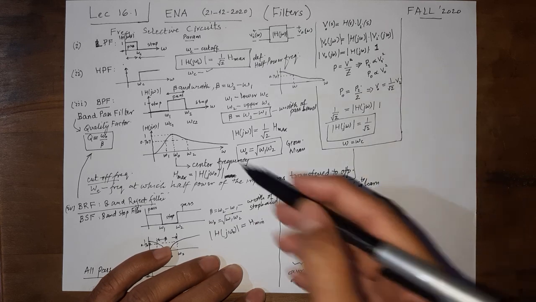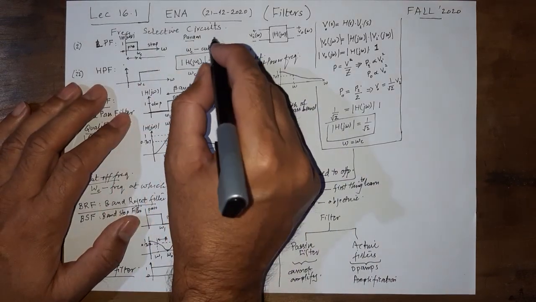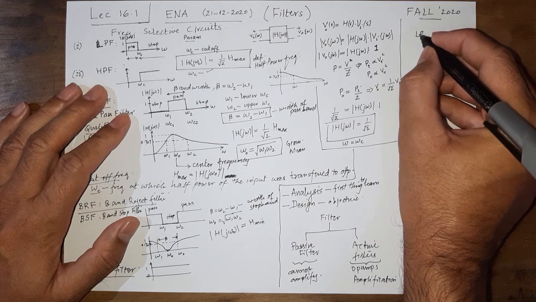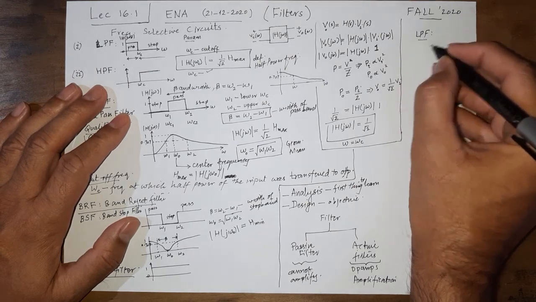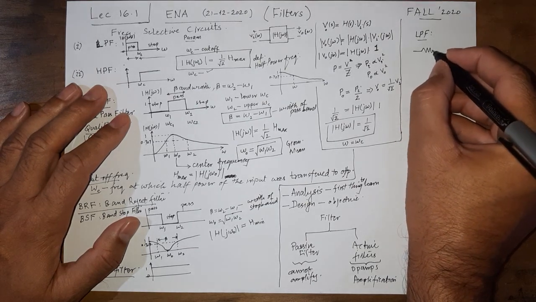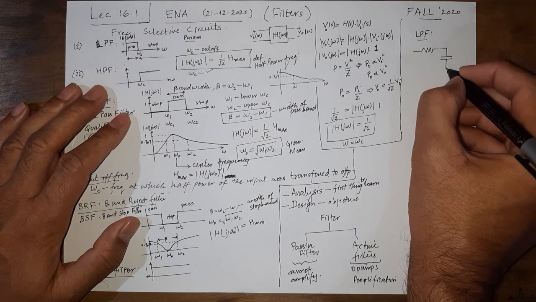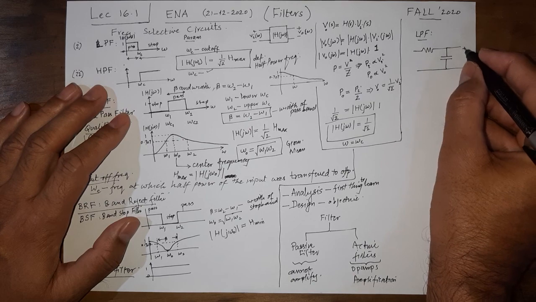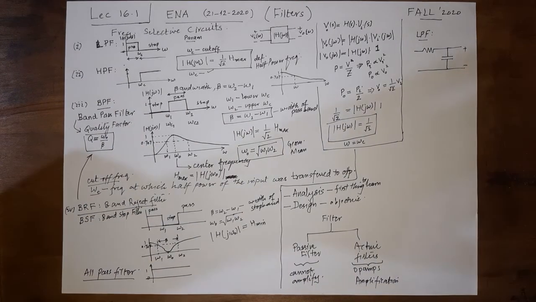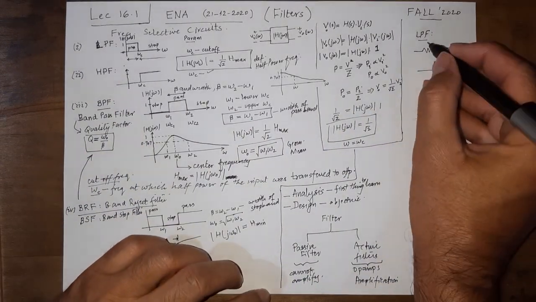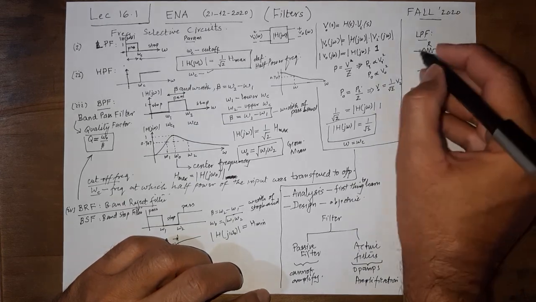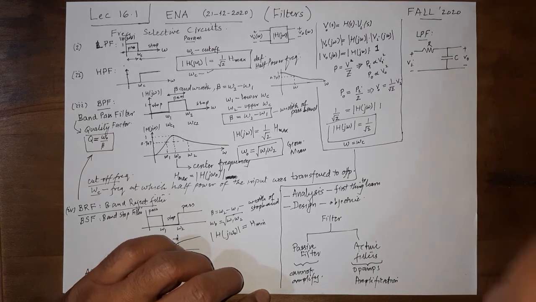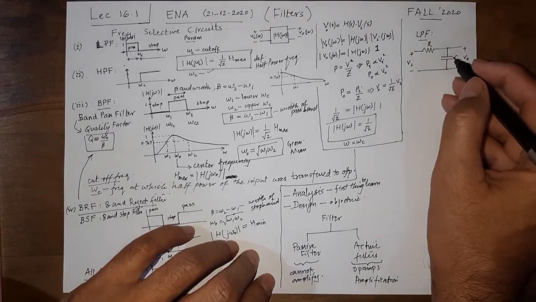Passive filters, for example, the filter that we saw for the low pass filter that we studied last time: if we take the output across a capacitor, it is a low pass filter. So an RC circuit is a low pass filter if we take the output across the capacitor.